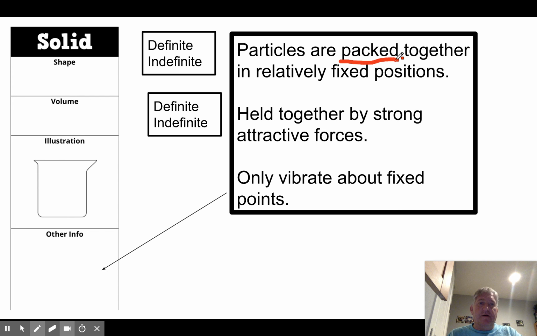That means that they have a fixed position, so what we have is a very definite shape. If we have a volume, since it's held together by forces and packed together, it's a safe bet that it also has a very definite volume.